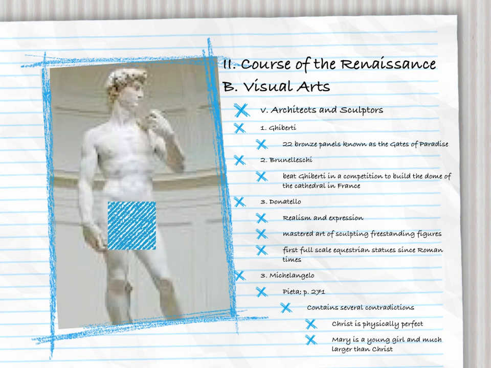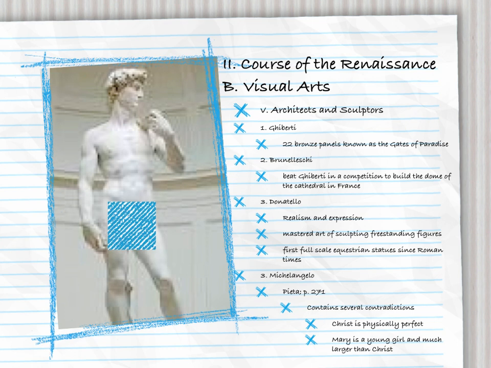Okay, so let's move into architects and sculptors. The two architects you really want to know about for this chapter are Ghiberti and Brunelleschi. They're rivals. Ghiberti wins this commission to create 22 bronze panels that will be known as the Gates of Paradise.